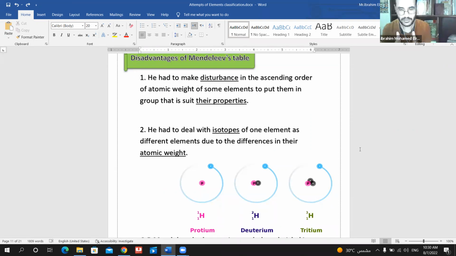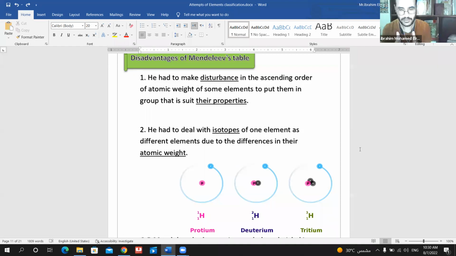So he had to deal with the vertical columns and the horizontal rows. So he made some disturbance in the ascending order, just to put the elements in one group according to their properties. He made some disturbance in the atomic weight in order to classify the elements and put them in one group according to their properties.